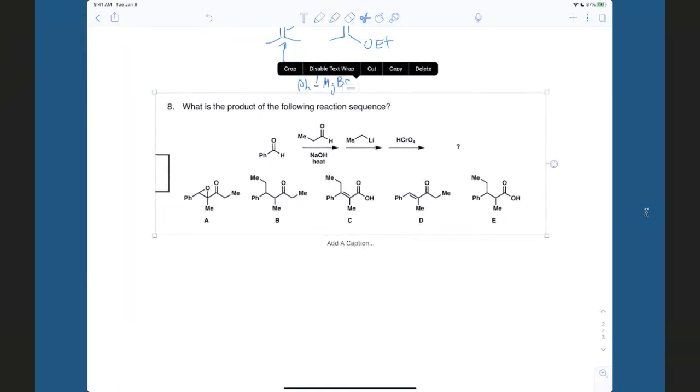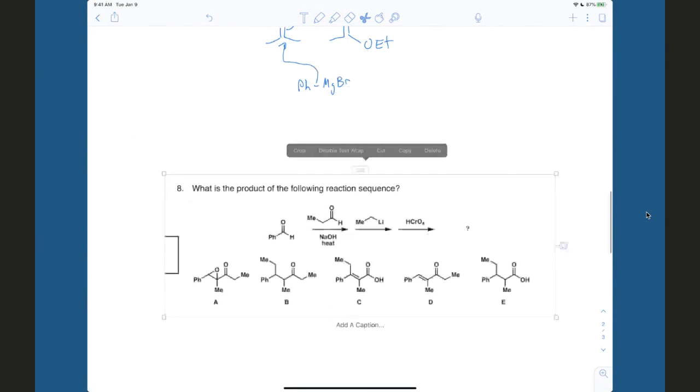So anytime in this section or pretty much any other time period, if we have ammonium chloride aqueous, that is just meant to protonate any reactive intermediate. So let me go forward.